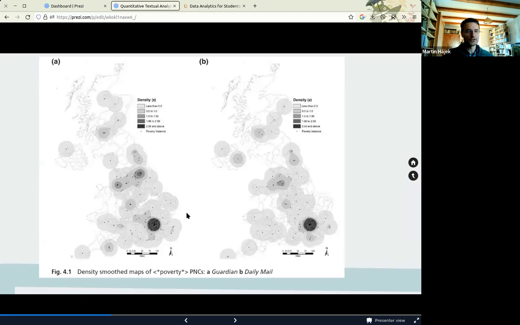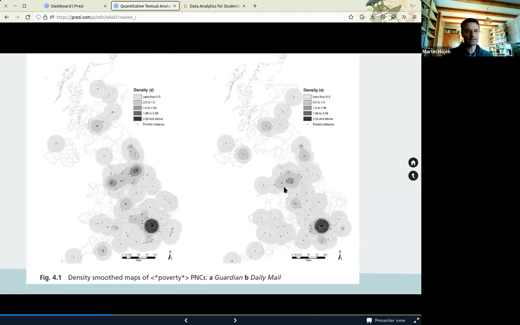If you look in detail, we can see that in Daily Mail, there is one cluster here, while in Guardian, this space is almost empty, and there are two clusters in the vicinity of this cluster.